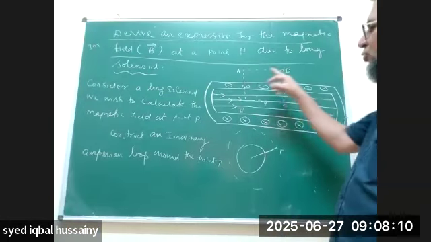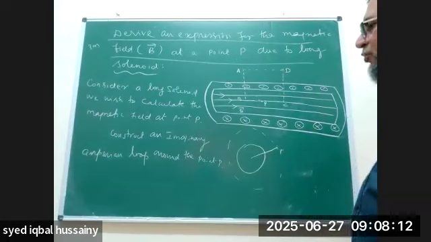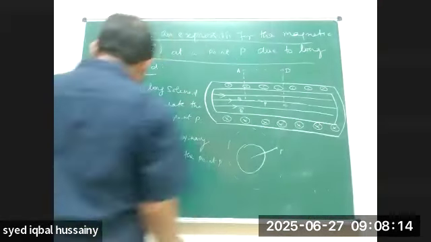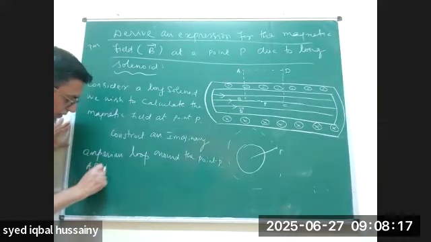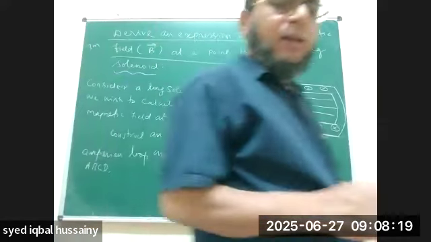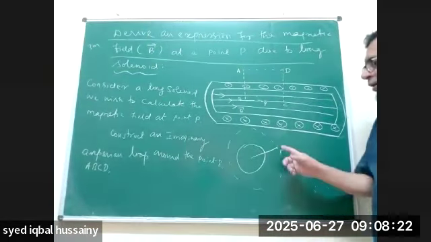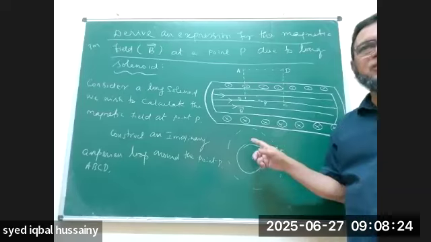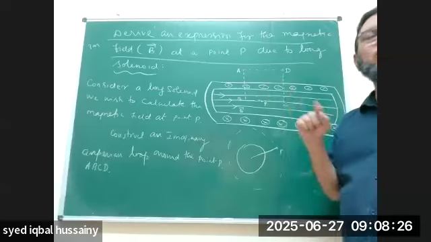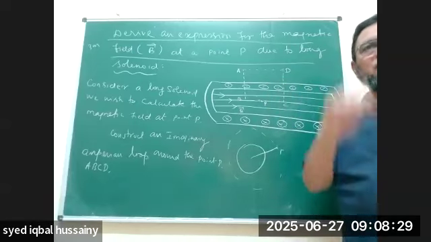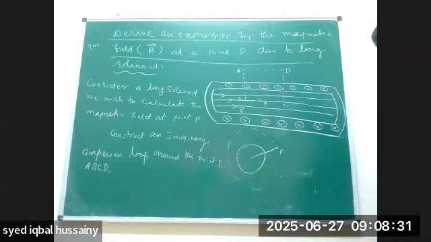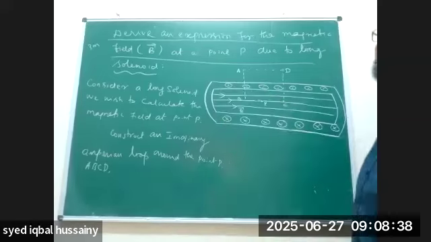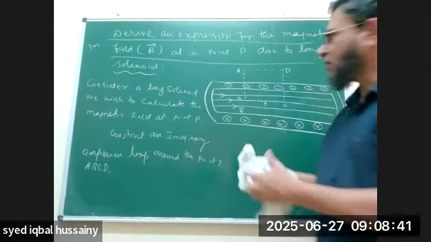Construct an imaginary Amperian loop around the point P, A, B, C, D. Like we did in the first chapter, around the point P we did the Gaussian surface. It is in the first chapter, right? So here we use the Amperian loop by using the Ampere circuital law. Done, children? Yes, sir.